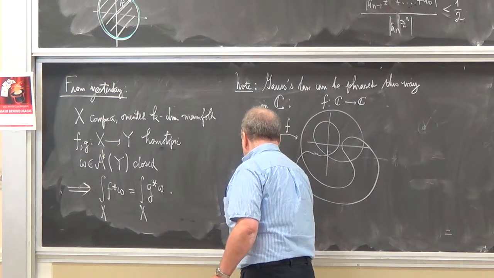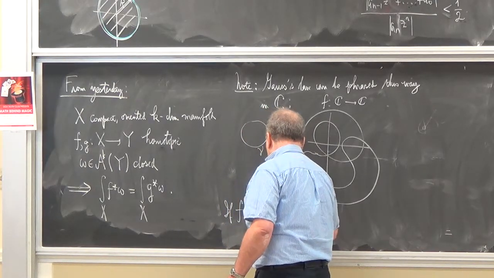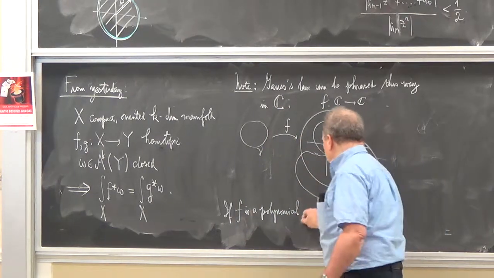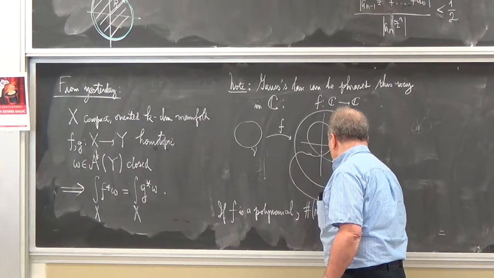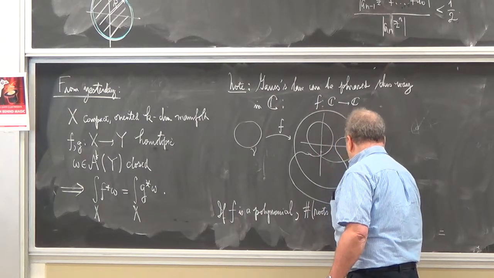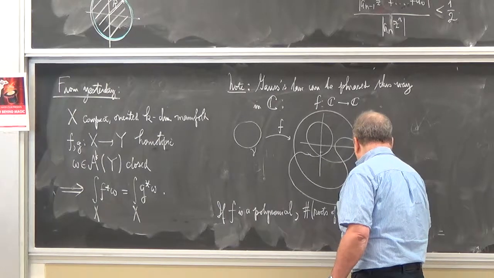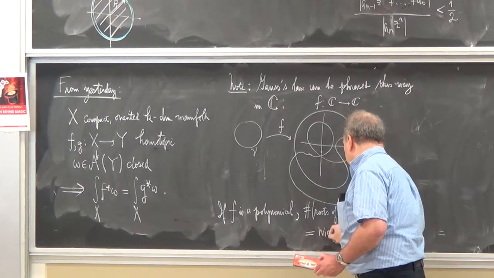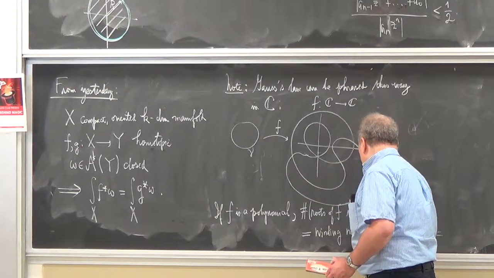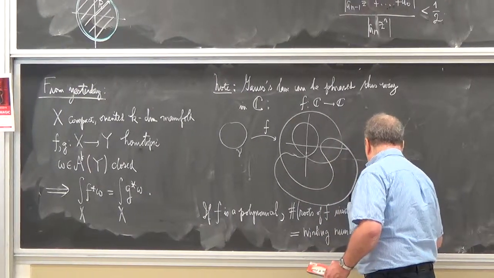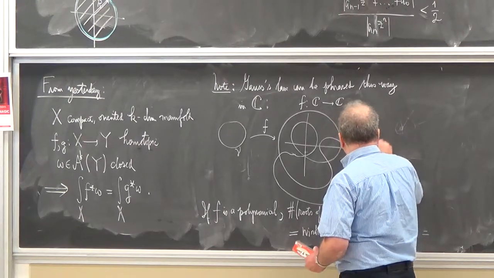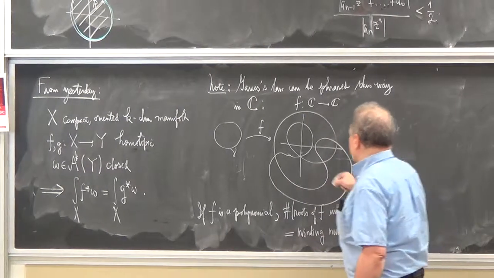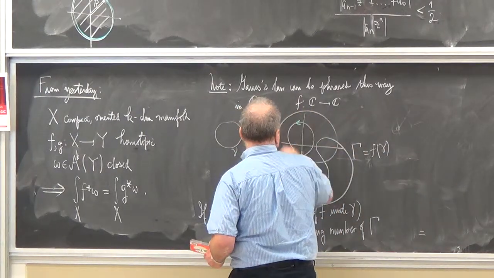If f is a polynomial, and there's lots of generalizations of this, but if f is a polynomial, the number of roots of f inside gamma is equal to the winding number of the curve capital Gamma, which is what you get when you do f under gamma. So this curve that I drew winds around how many times?